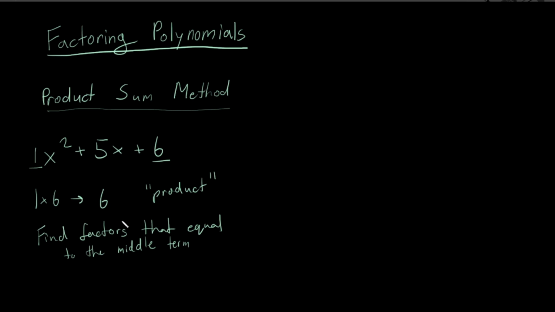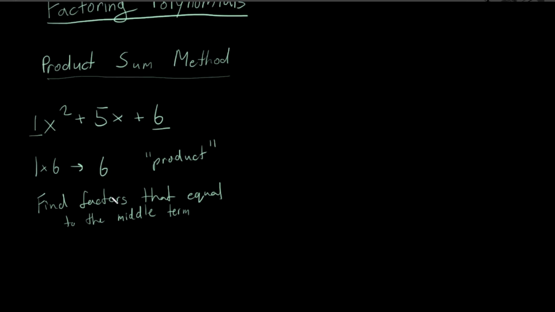Now in this case, let's see what we get. So we have 6. 6 can be broken down to either 2 times 3 or 1 times 6. Now 2 plus 3 is equal to 5, so I'll say 2 and 3 work. However, 1 plus 6 is equal to 7, so they don't work. So we're going to use 2 plus 3.